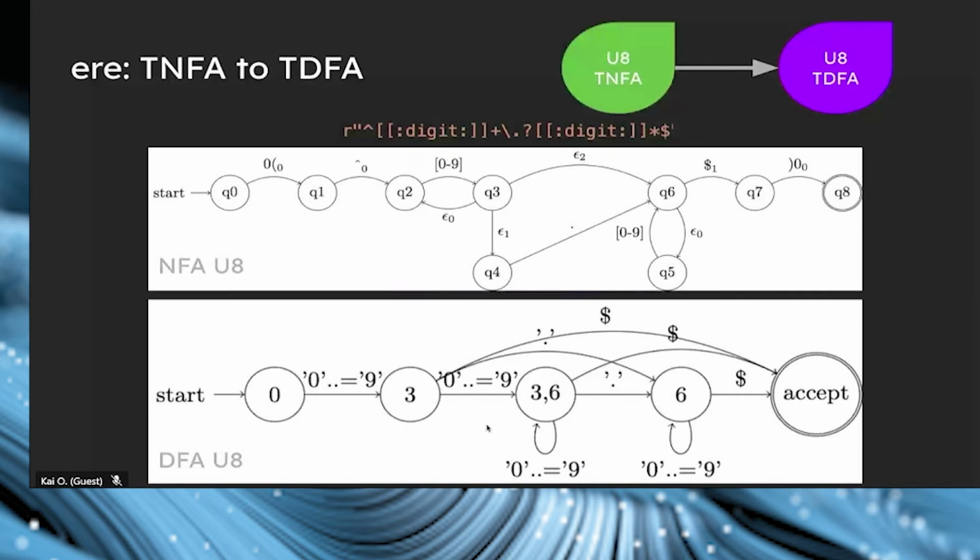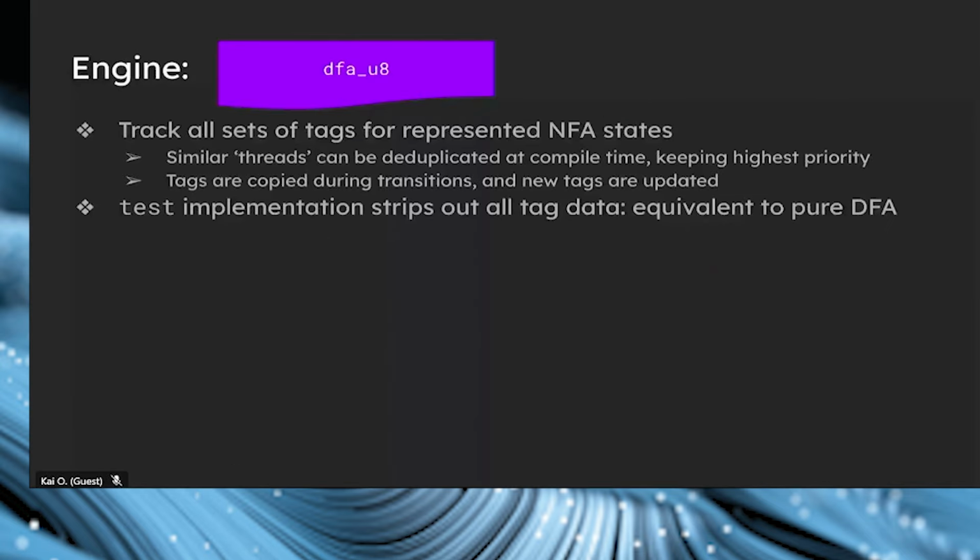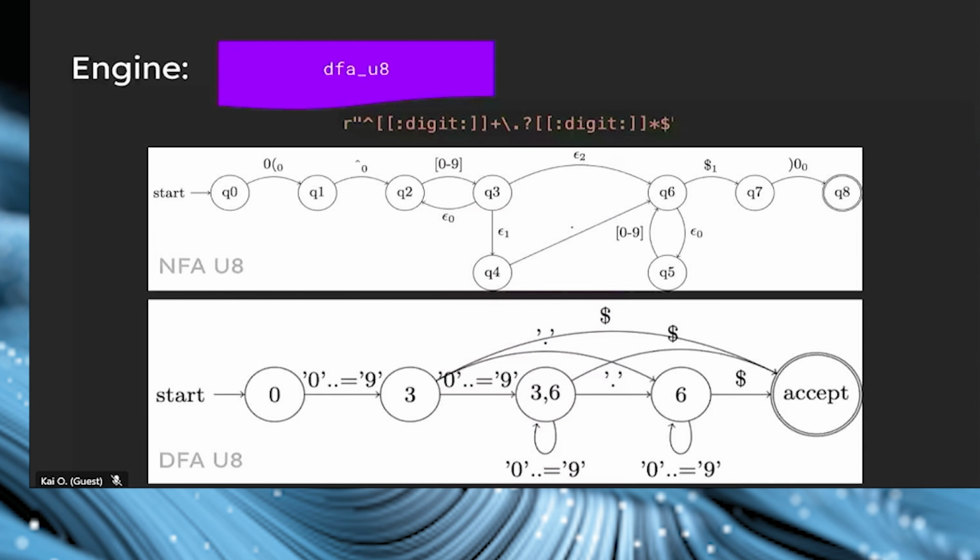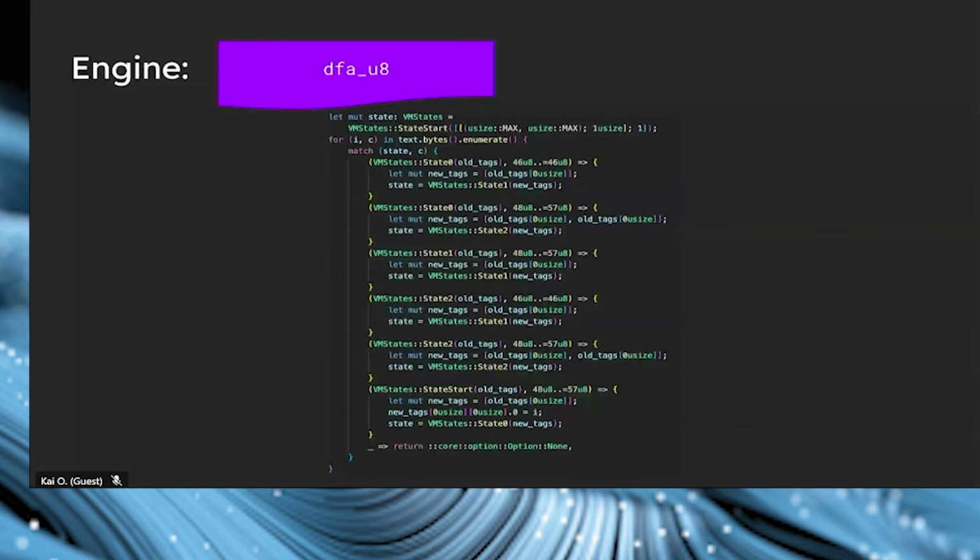Yeah, the main thing here is that each of the DFA states represents the tags for all of its individual NFA states within. So, for example, 3 and 6 would have 2 fields. The way I represent this is the state will have this old tags field, which is an array with the size of the number of NFA states it represents.